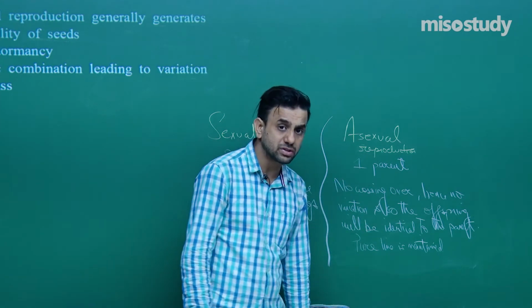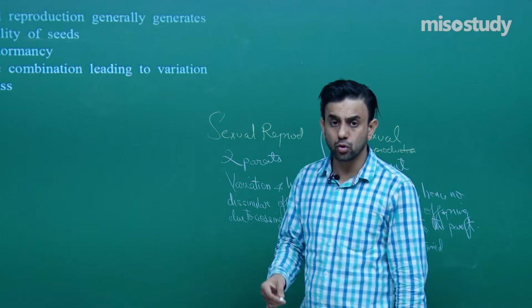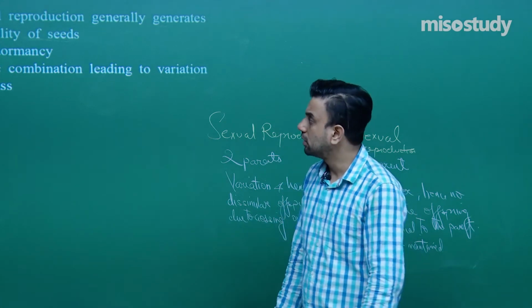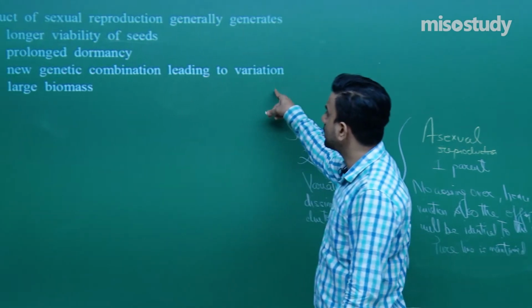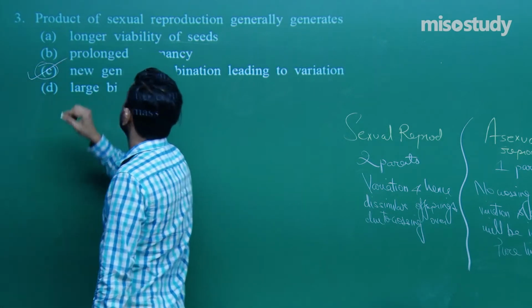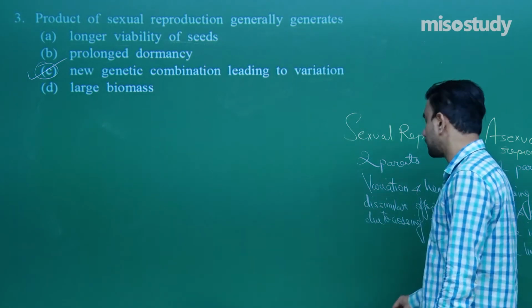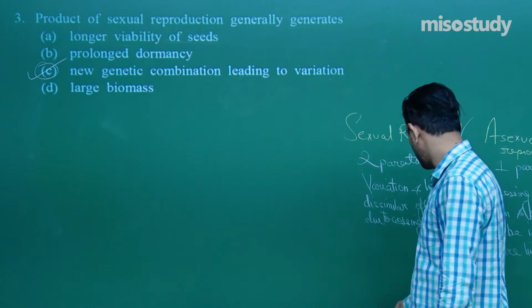Asexual reproduction is therefore more dangerous, because in sexual reproduction, due to crossing over, the disease can be wiped out. So new genetic combination leading to variation is the correct answer, because of sexual reproduction. We move on to the next question.